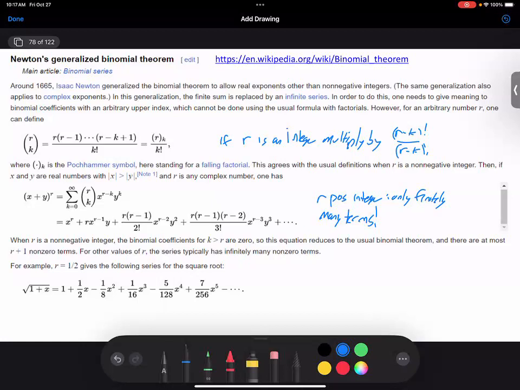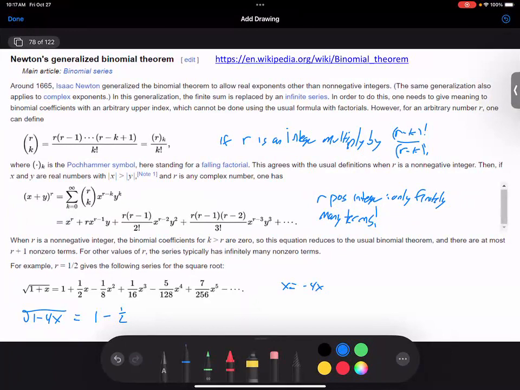And then he says, if you take 1 plus the square root of x, this is what you get. Now we had the square root of, I think, 1 minus 4x. So this is then doing x equals negative 4x. So we would get 1, and then the next term would be minus 1/2, and then we'll have a negative 4.